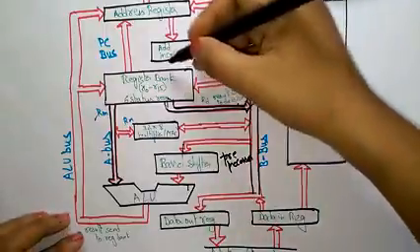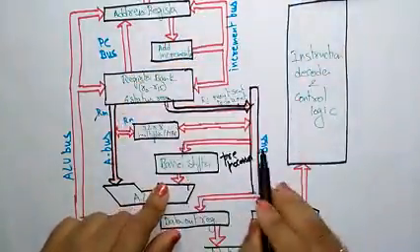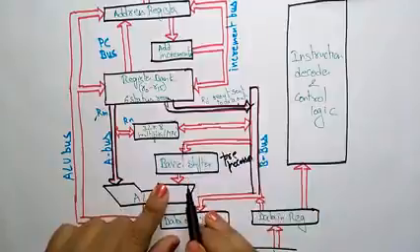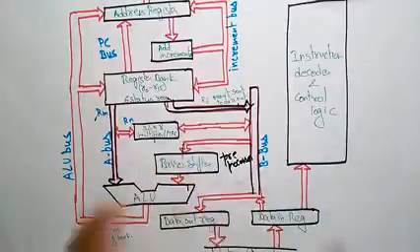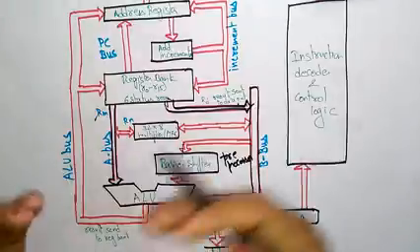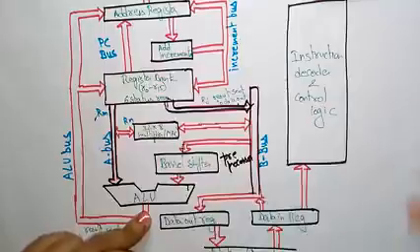The data coming from any of these registers will be sent to the barrel shifter with the help of this B bus. This barrel shifter can shift the bits to the left, right, or even rotate the data before it is fed to the ALU, which means it is doing some pre-operations first.